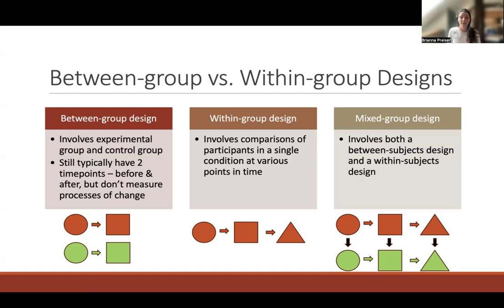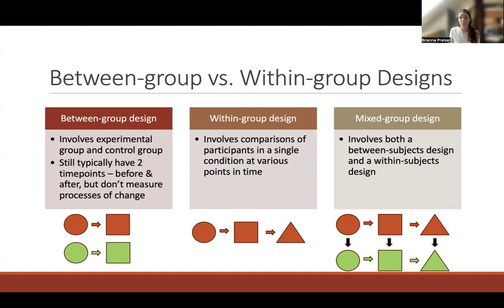So if we consider an example that was used in your book that's helpful on making this point, it is a study on the relationship between exercise and depression. So for a between group design, a clinical psychology researcher, after taking a baseline measure of depression of all participants at the very beginning, is assigning some participants to condition A and some to B. In condition A, those participants are following an exercise regimen over 8 weeks, and in B, they're not following an exercise regimen.